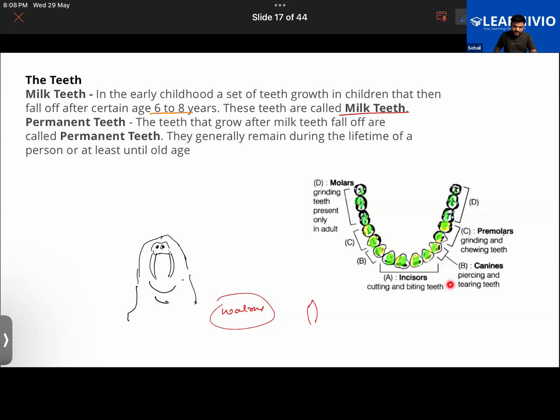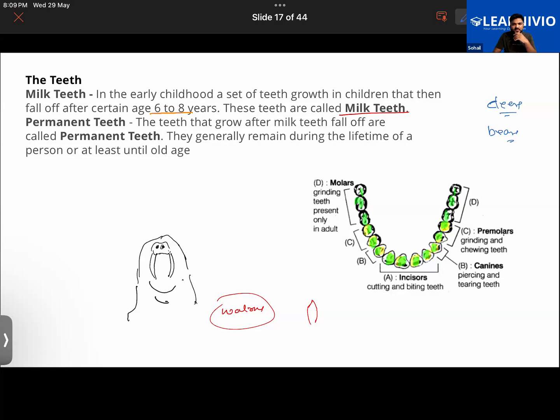Their function is to pierce and tear the food. Doesn't a bear have canines? Deer don't have canines, I think. Bears, bhalu in Hindi, are omnivorous, and they do have canines.